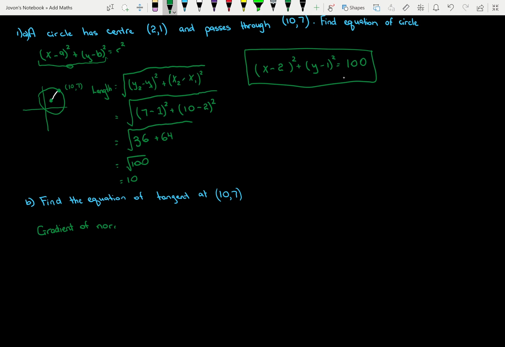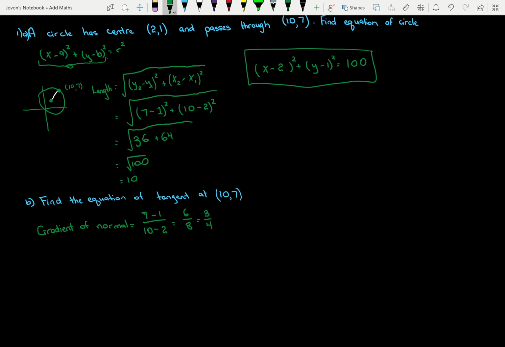So the gradient of the normal is (y2 − y1) over (x2 − x1). So it becomes 7 minus 1 all over 10 minus 2, which is 6 over 8, which is equal to 3 over 4. So that's the gradient of the normal.